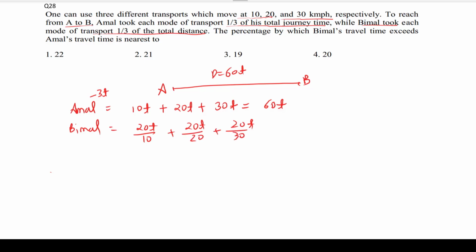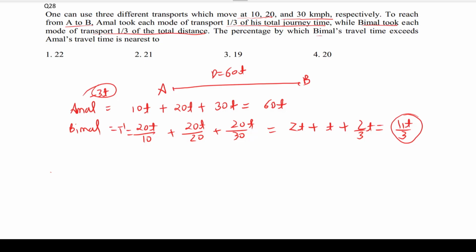This will be total time of Bimal, and this will be 2t plus t plus 2 by 3t equals 11 by 3t. So total time taken by Amal is 3t and Bimal is 11 by 3t.